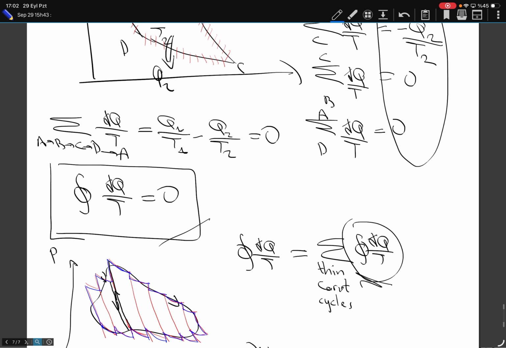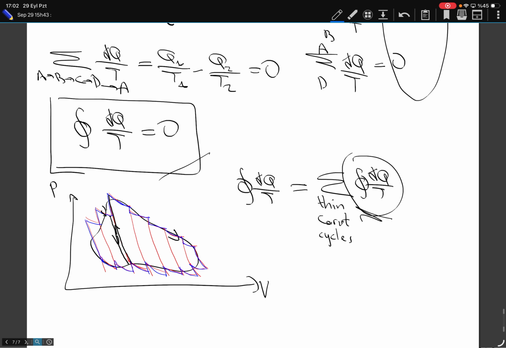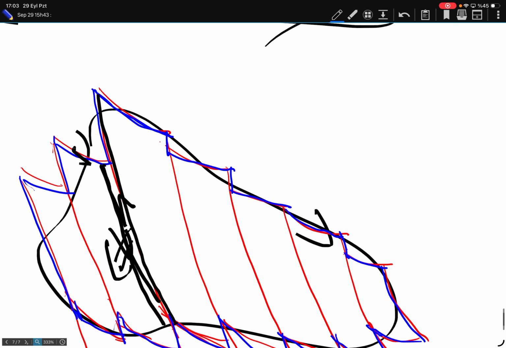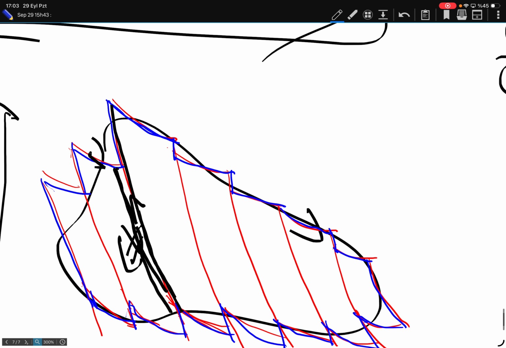So as your system goes along this line, your Carnot engine takes heat, but as you are going along that line, your Carnot engine gives away heat.